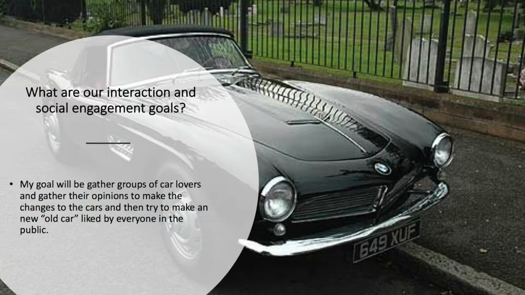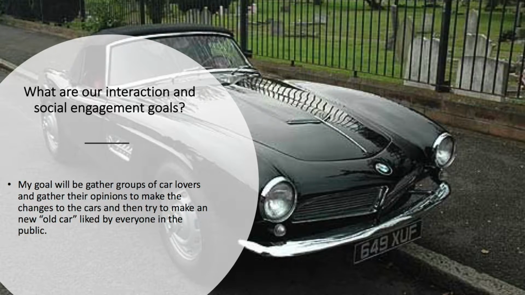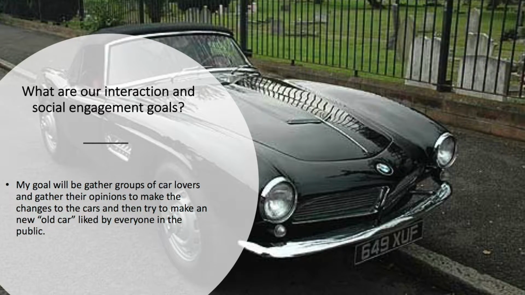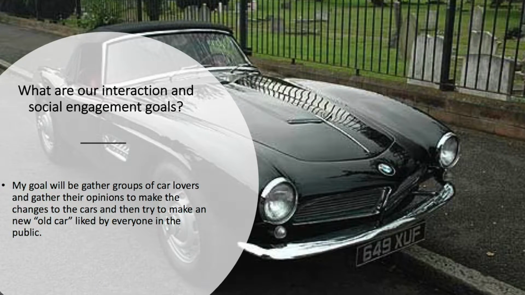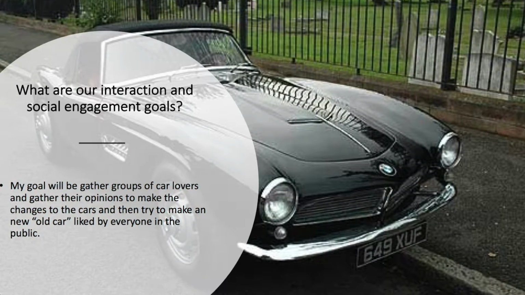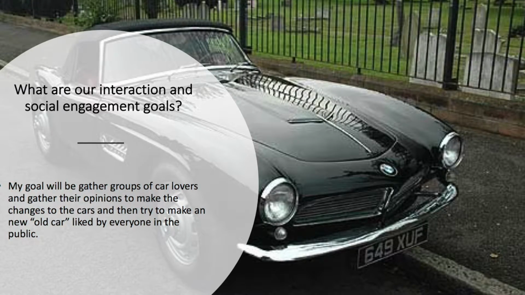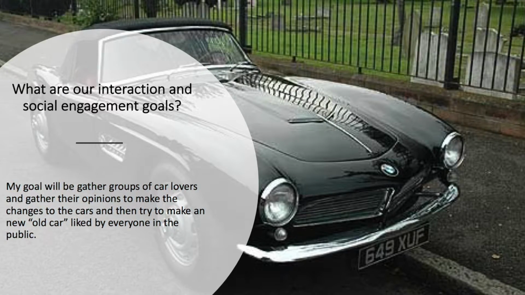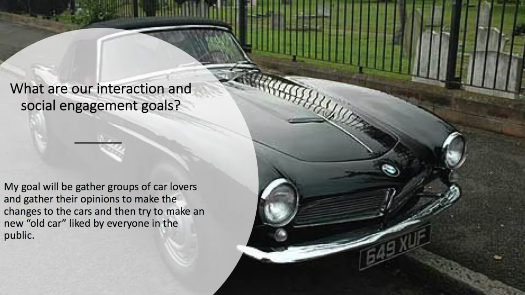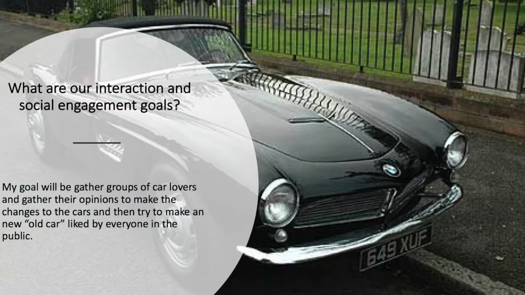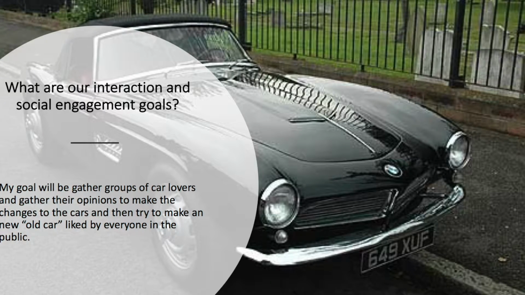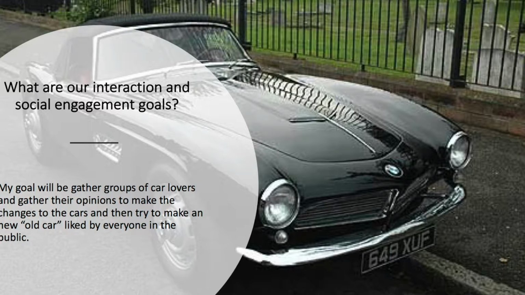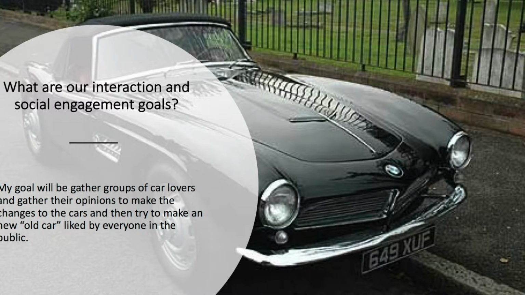Nowadays, new car types are produced that look more futuristic, but not many people are concerned with the old, classic car types. So my social engagement goal is to make more people in the public like those classic cars.